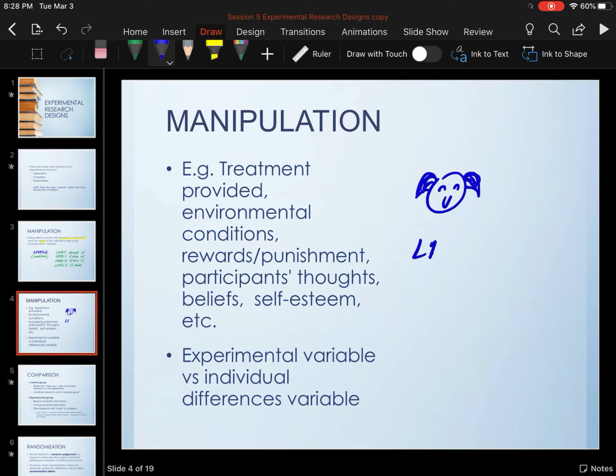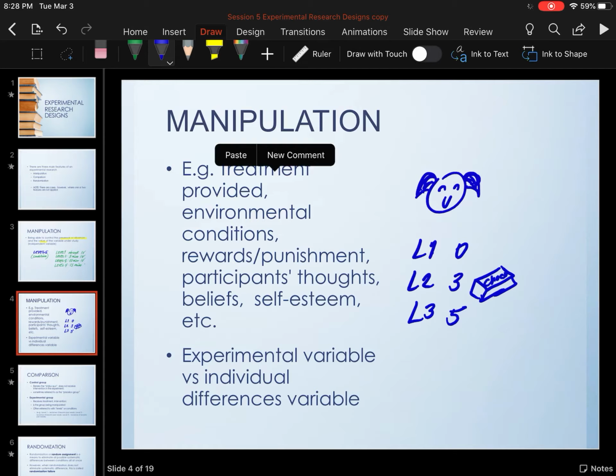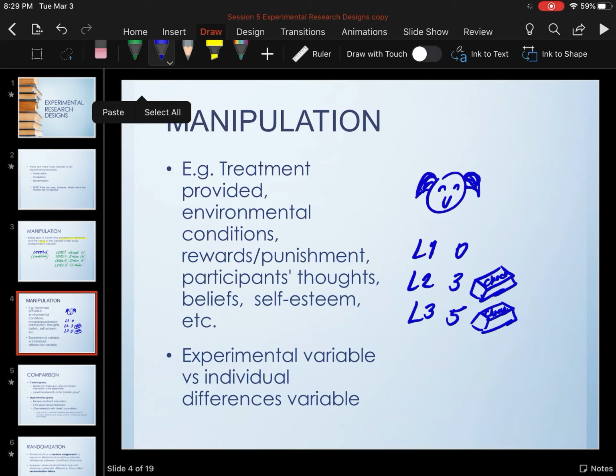So in level 1, we give 0 chocolate bars. In level 2, we give 3 chocolate bars. And in level 3, we give 5 chocolate bars. I don't know about you, but for sure I will be motivated to study more if I get 5 chocolate bars. But anyway, so let's say those are your levels.